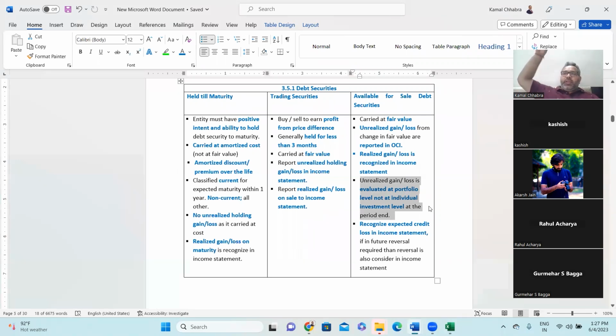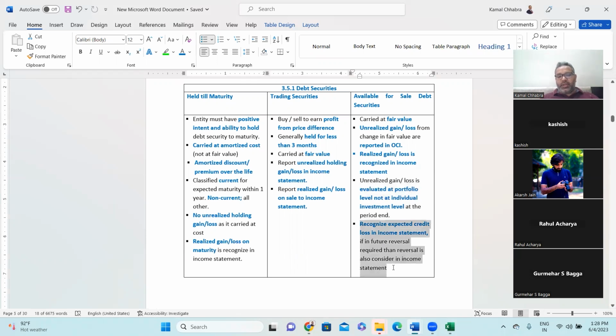Like 10% debentures, you may have for 10 companies, a similar category of investment. So you need to evaluate them together rather than as individual line items. Make sense? Yes, sir.